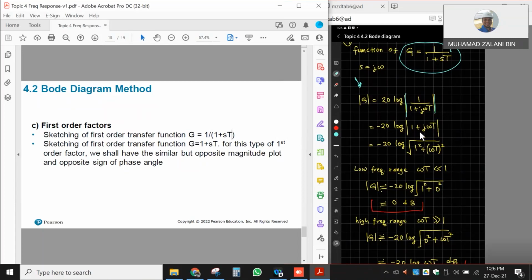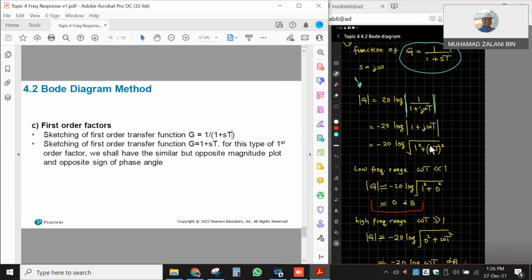So if we put 1 plus j omega t as the numerator, then we should put a negative to this function. So negative 20 log of the magnitude of 1 plus j omega t, so that it is easier for us to solve this magnitude.